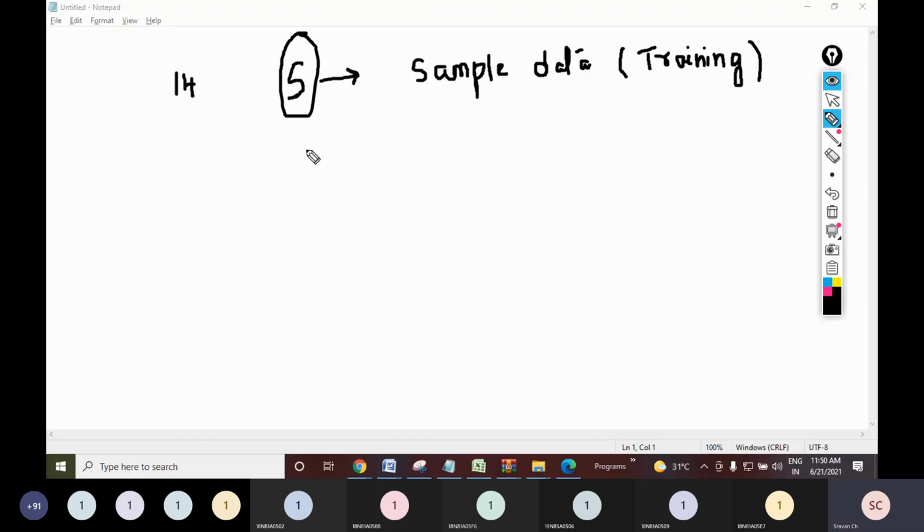But my original data may contain a lot of records, right? So capital D represents my overall distribution of data, or you can say complete data, all records.